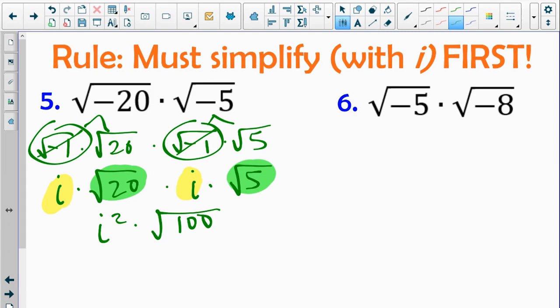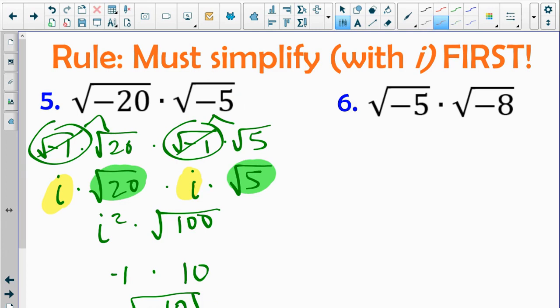Oh, good, look at that. The square root of 100, we know that. That's just 10. So that's 10 i squared. Do you remember what i squared equals? -1. And when we multiply -1 times 10, we get -10. So the square root of -20 times the square root of -5 is just -10.